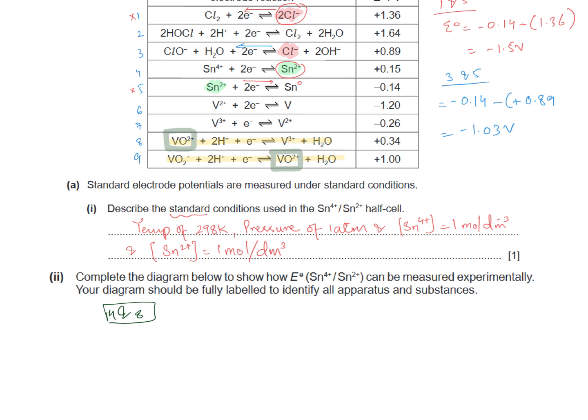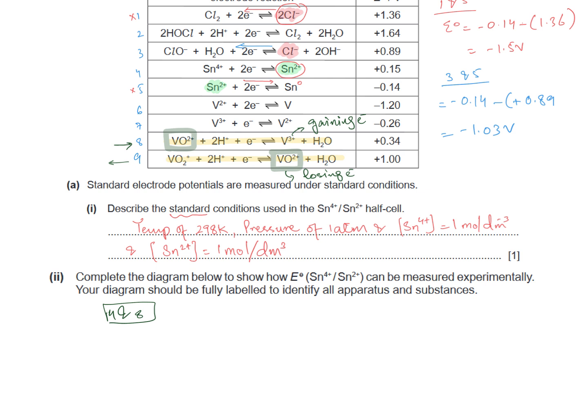So Sn2+ needs to be in my reactants, and we have equation 8. Equation 8 is basically gaining electrons if you look at it, and this one here is losing electrons. If it's gaining electrons, the equilibrium is going to be in the forward direction, and equation 9 is going to be in the backward direction because of that reason.